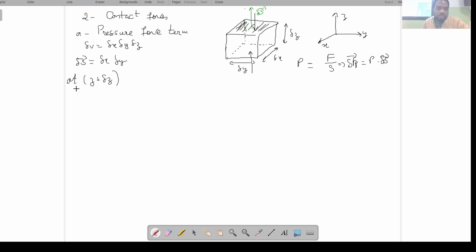At Z plus delta Z, the pressure force delta F sub P top, for the top face, equals pressure evaluated at X, Y, Z plus delta Z times delta X delta Y, which is the surface on the top face.